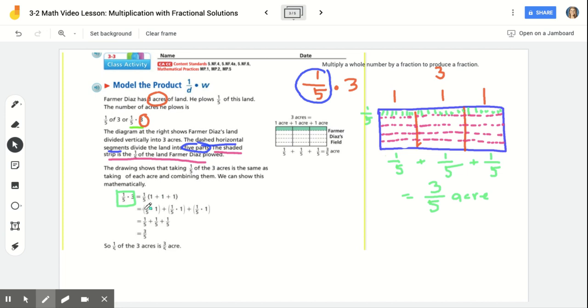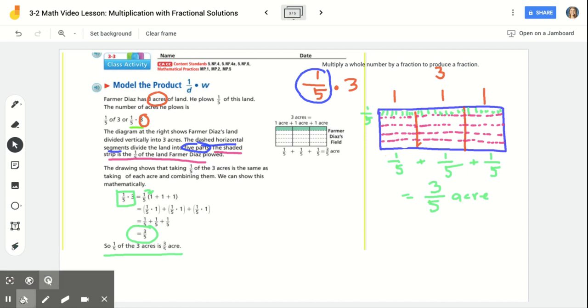And then we use what we call the distributive property when we multiply: 1/5 times 1 plus 1/5 times 1 plus 1/5 times 1, or 1/5 of 1 acre, and 1/5 of another acre, and 1/5 of another acre, just like we demonstrated with this diagram, is equal to 1/5 plus 1/5 plus 1/5, which is equal to 3/5. So 1/5 of 3 acres is, in fact, 3/5 acres. And there's our answer for that problem.